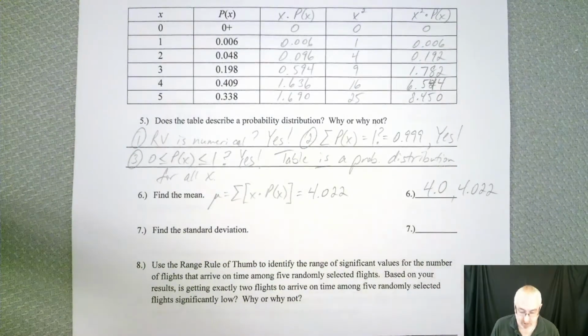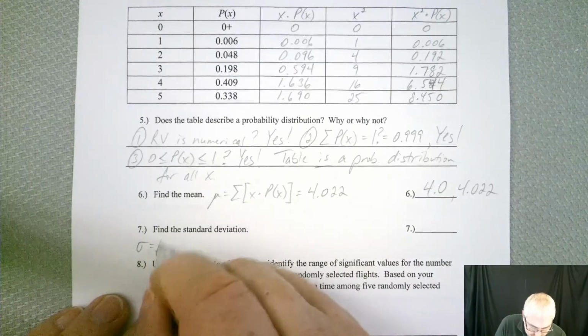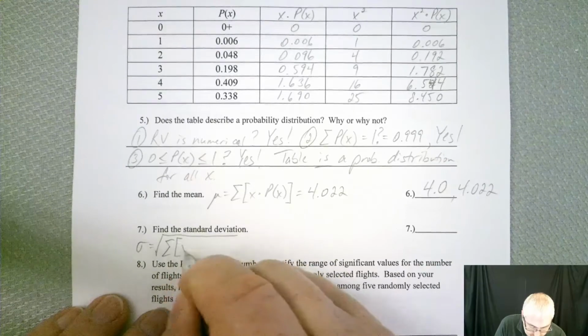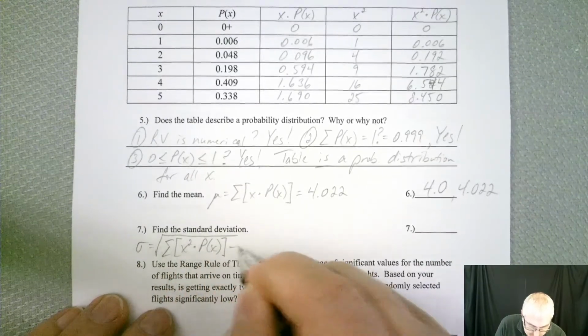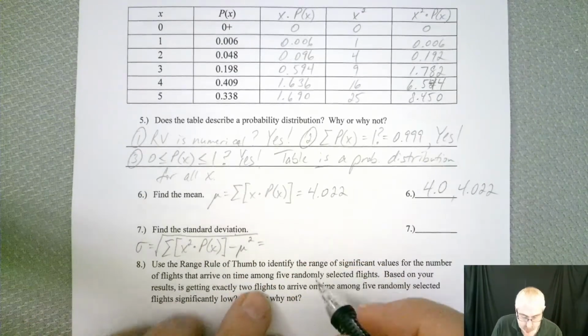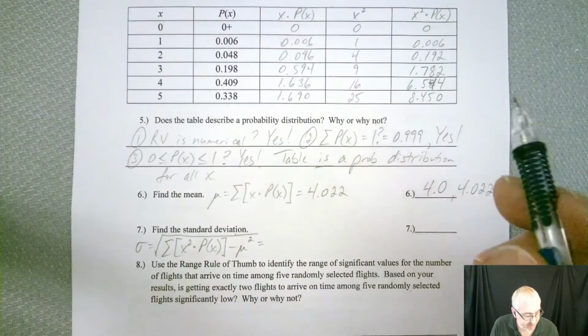So now we have to find our standard deviation. Remember, the formula for this is a little bit yucky. We need the sum of x squared times P(x), and then we need to subtract the mean squared. So here's our x squared times P(x) column, so we need to add that up.